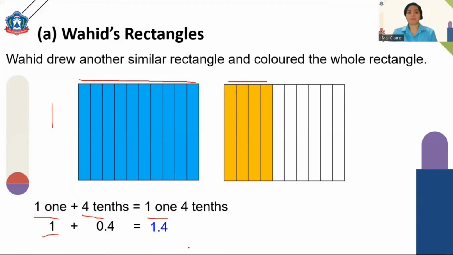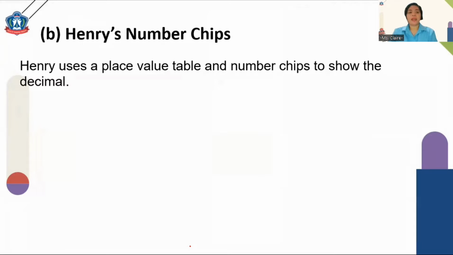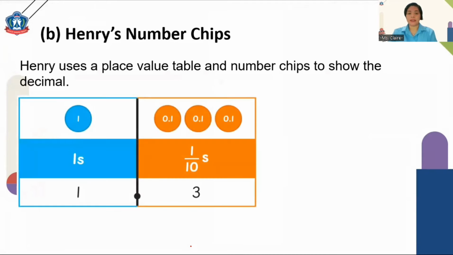Take note. Another. Let's have Henry's number chips. Henry uses a place value table and number chips to show the decimal. Take a look. We have what we call the number disks. Earlier, during our previous chapter, we used number disks. Now we can also call them chips. For the ones, we have 1. And for the tenths, we have 3 chips of 0.1: 1, 2, 3. It means there are 0.3.